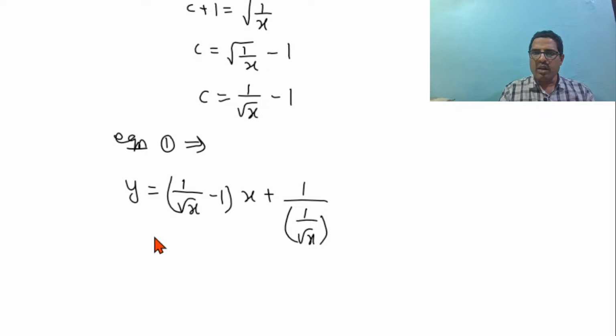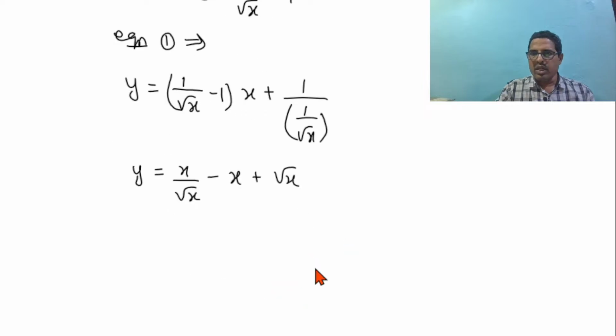Further, you can rewrite this as y equals, multiplying x inside, x by root of x minus x into 1 will be x, plus 1 by root of x, taking it in the numerator becomes root of x. Further, simplifying, x can be written as root of x into root of x divided by root of x, minus x plus root of x.